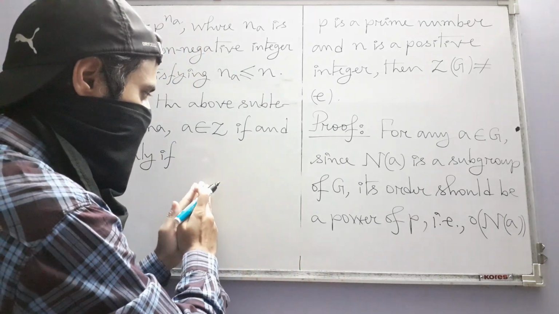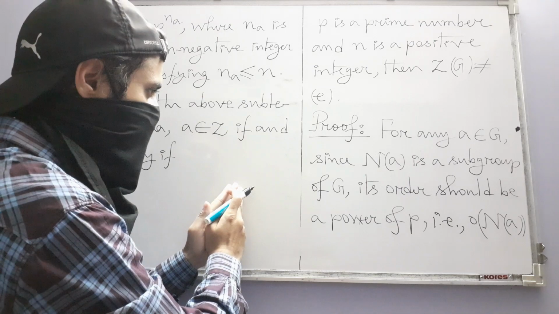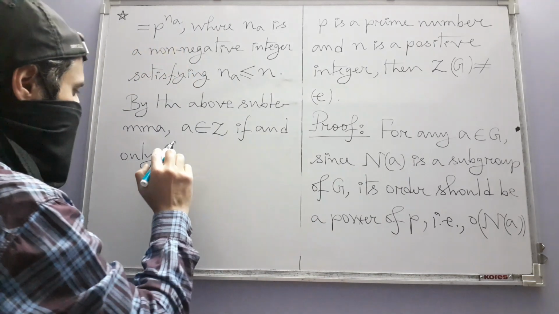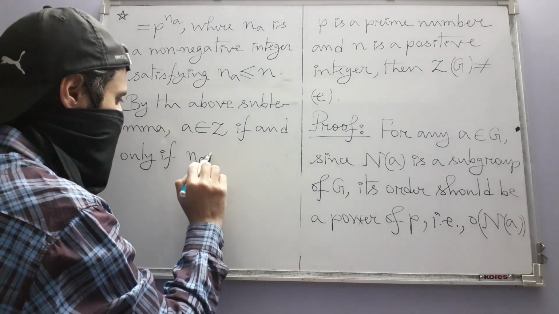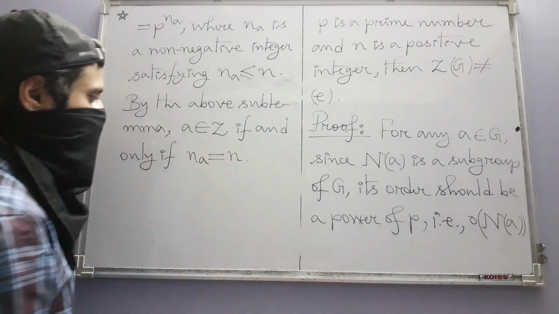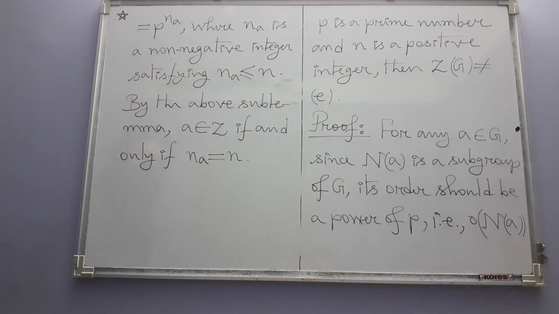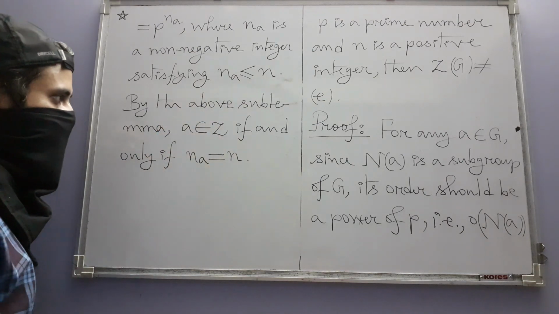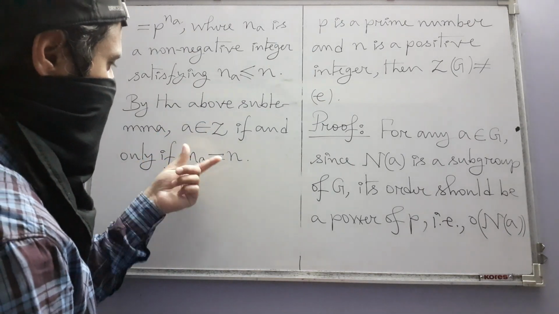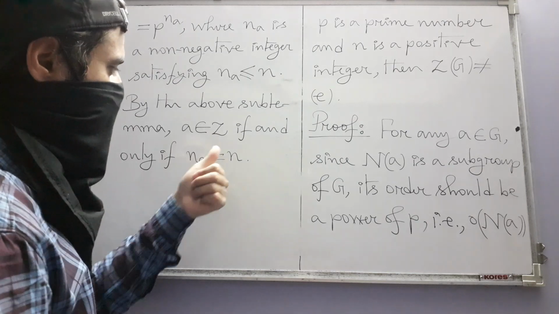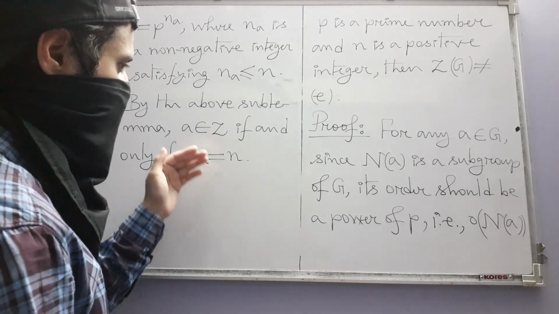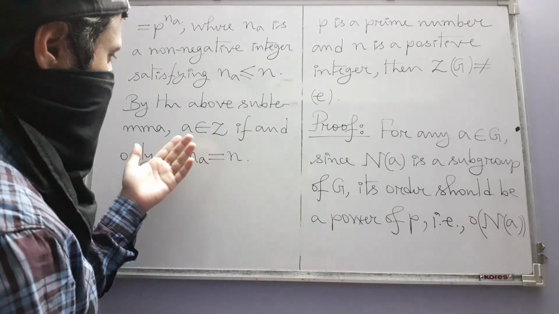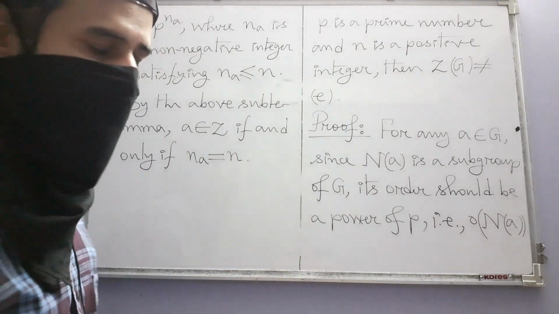That means p to the power NA is equal to p to the power n, and that means NA is equal to n. So we now have this fact that A is a central element if and only if NA is equal to n, where NA is the exponent of the power p to the power NA, which is the order of the normalizer of A in G.